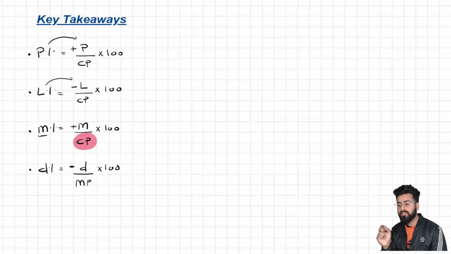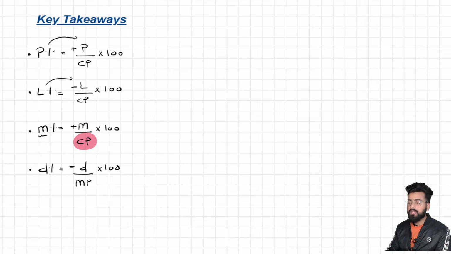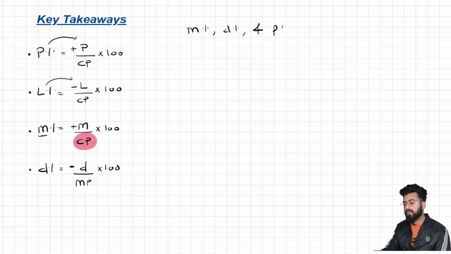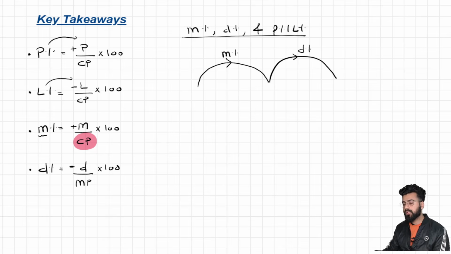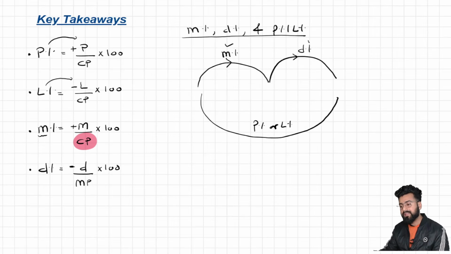Another thing which you have to keep in your mind is, whenever someone asks you what is the relationship between markup percent, discount percent, and profit or loss percent, you would say, sir, the way these three are connected, a markup followed by a discount would result in either profit or loss. So the successive effect of markup and discount percent will give us a resultant as profit or loss.